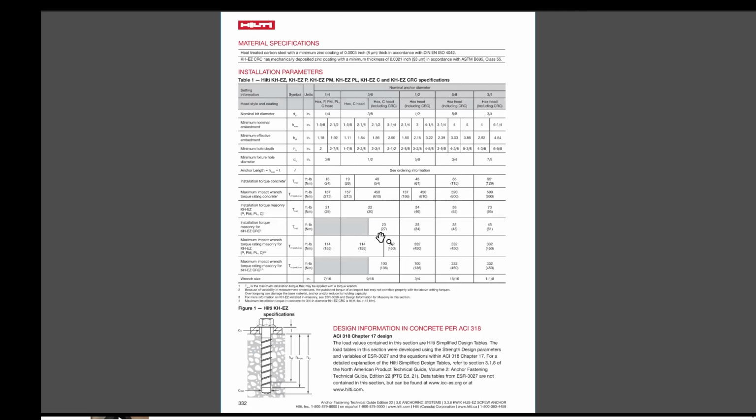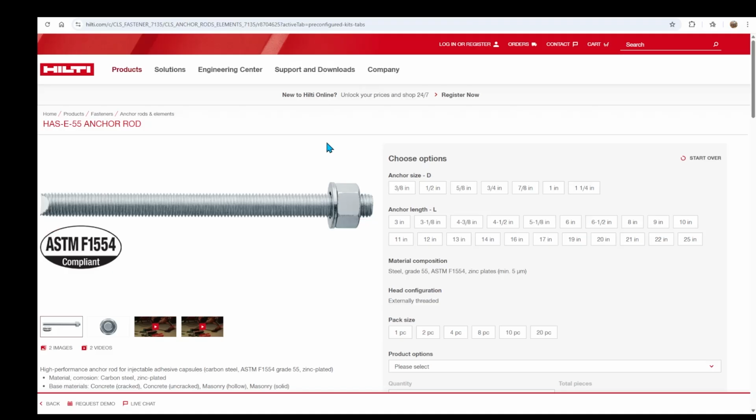In this video, I have covered only a few anchors just for example to shorten the video length. We can check the lengths of the Hilti anchors online on their official website also.